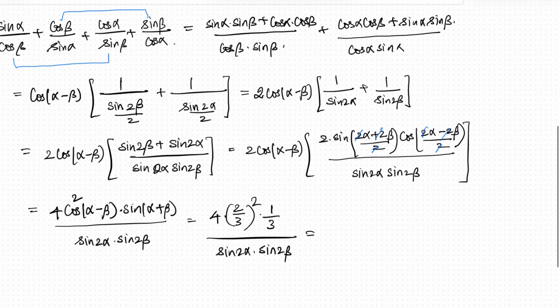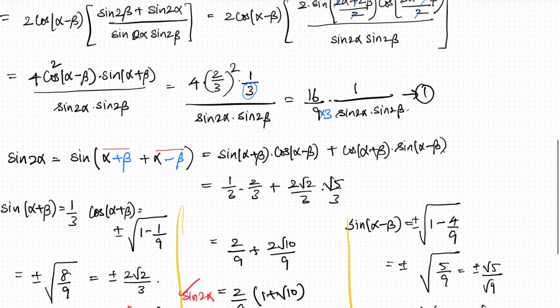So 2 twos are 4, 4 times 4 is 16 by 9, into 1 by sin 2 alpha sin 2 beta. A 3 gets multiplied over here. So the answer would be 16 by 27 times 1 divided by sin 2 alpha sin 2 beta.